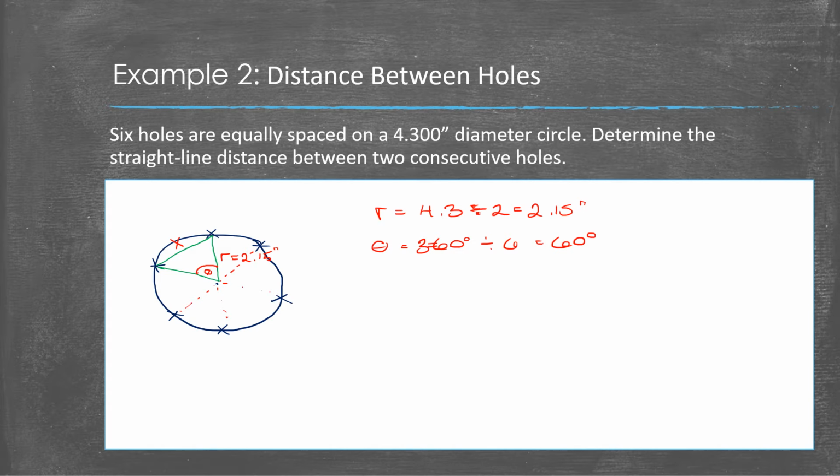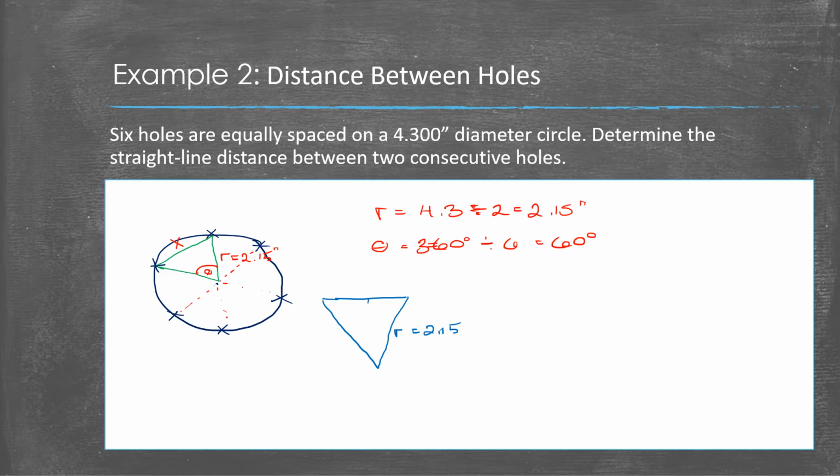Now let's take that triangle that we know a little bit of information about and redraw it and add in some new material. So we'll take our triangle. I'll leave it upside down this time. So here's our triangle. We know the radius is 2.15.